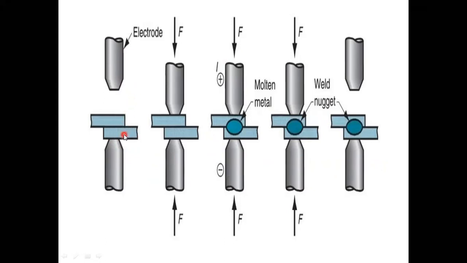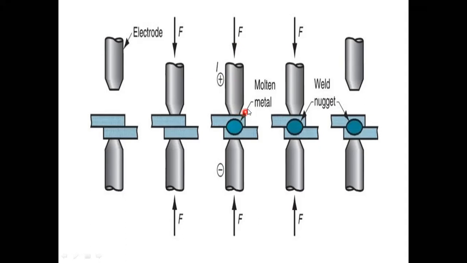Then two metal plates are placed, and the electrodes come one by one, the upper one and the lower one. Whenever they come into contact, then force and electricity are applied. First of all, you can see whenever they are adjusted and touch together, then we power on the electricity.